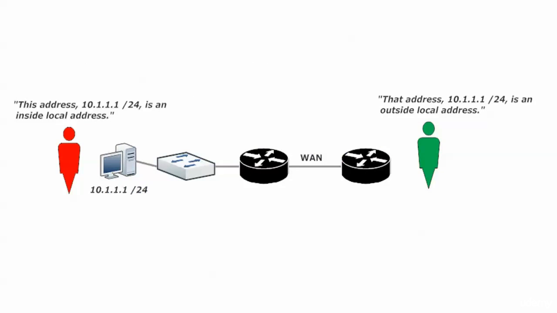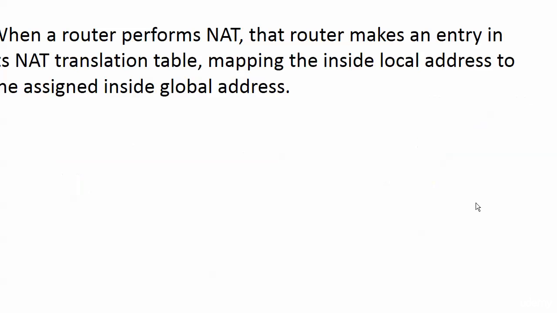So just break that down a little bit between local and global. Your local addresses are always going to be the private addresses. Your global addresses are always going to be the routable ones. Okay, so that's really all there is to it. And the inside-outside part just depends on whether it's on your side of the network or the other side of the WAN. That's all there is to it.